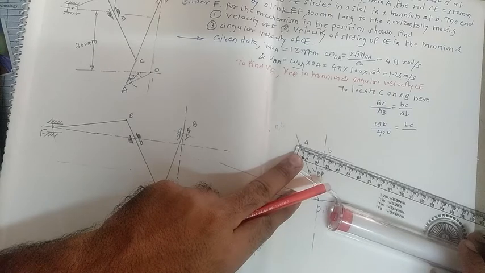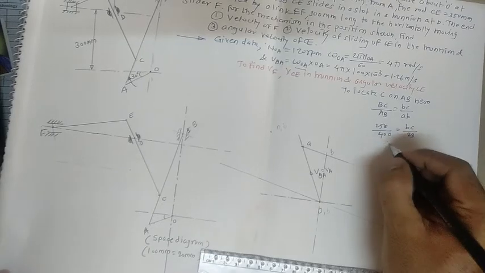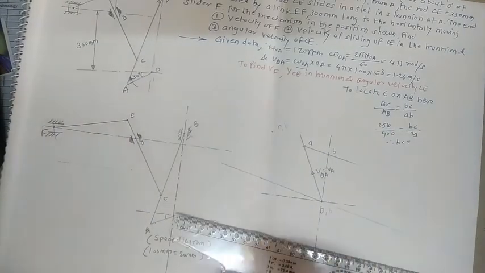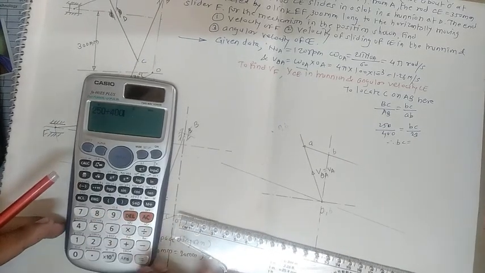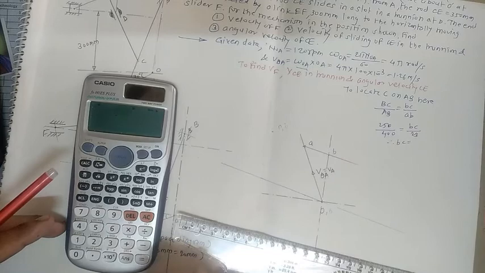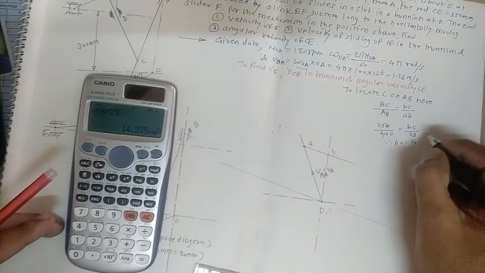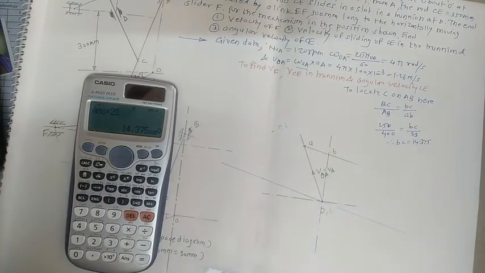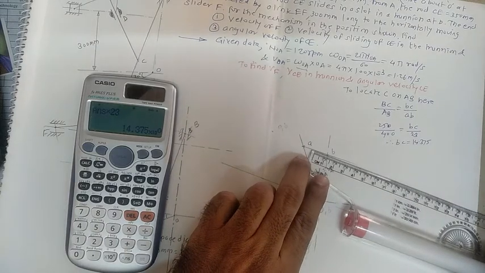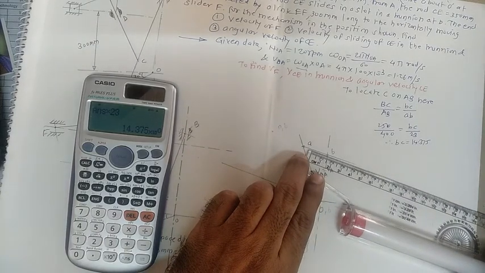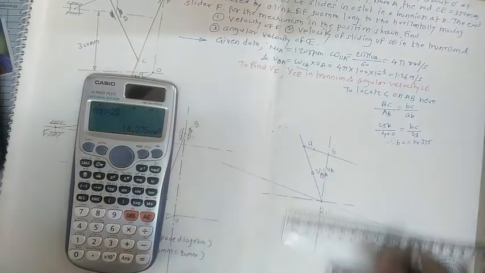Here it is about 23 mm. Therefore BC equals 250 divided by 400 multiplied by 23, which gives near about 14.375. So we get the length BC, 14.35, and somewhere here we get that point. This point is nothing but the c point.